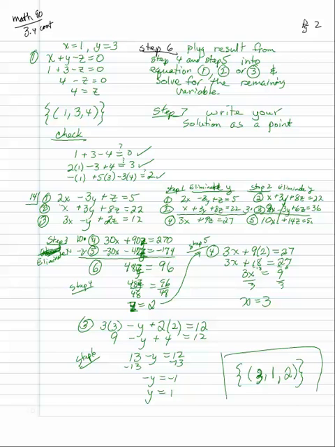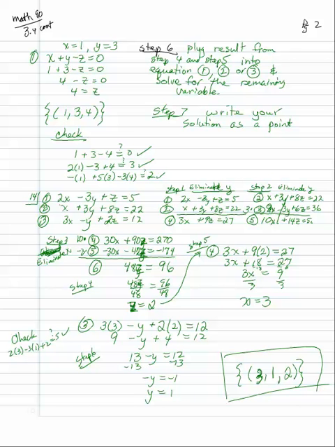And again, if I want to check, I plug all 3 variables into all 3 equations and see if they work. So 2 times 3 minus 3 times 1 plus 2. Does that equal 5? So 6 minus 3 plus 2. Check.